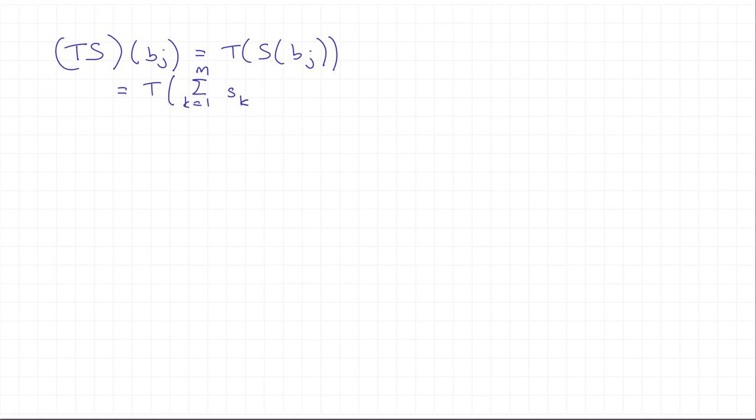So we have to work out T composed with S at the jth basis element B_j from our basis B of the vector space U. Of course what this means is T of S of B_j, and we know how to express S of B_j in terms of the basis C, because we introduced some notation for the matrix of S. The notation we used meant that S of B_j was equal to the sum from k equals 1 up to m of s_kj times c_k. I'm using a different dummy variable, k.